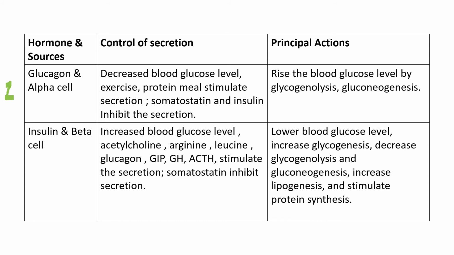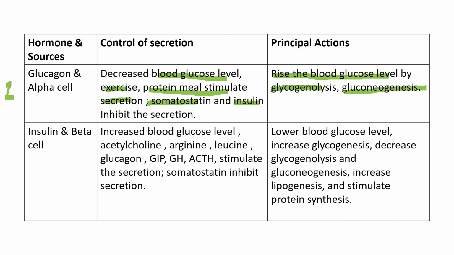It is secreted when the blood glucose level is decreased, during exercise, and during a protein diet. Its secretion is inhibited by somatostatin and insulin, and it raises the blood glucose by glycogenolysis and gluconeogenesis.